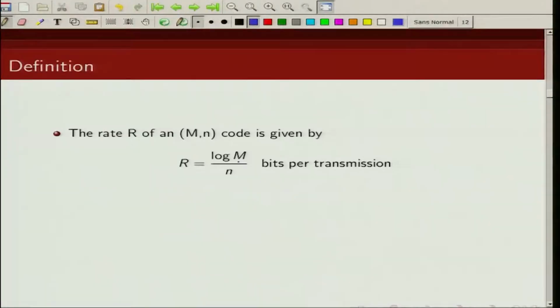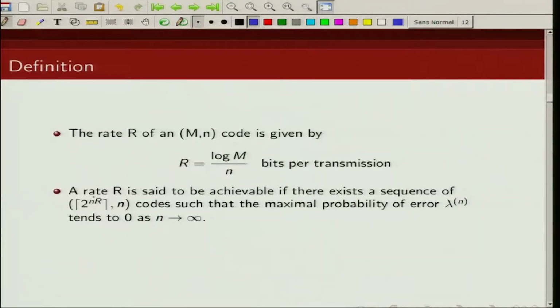As I said, there are a total of M indexes that we are sending, so the number of information bits is log M and the code word length is n. So the rate of the code is denoted by log M divided by n.